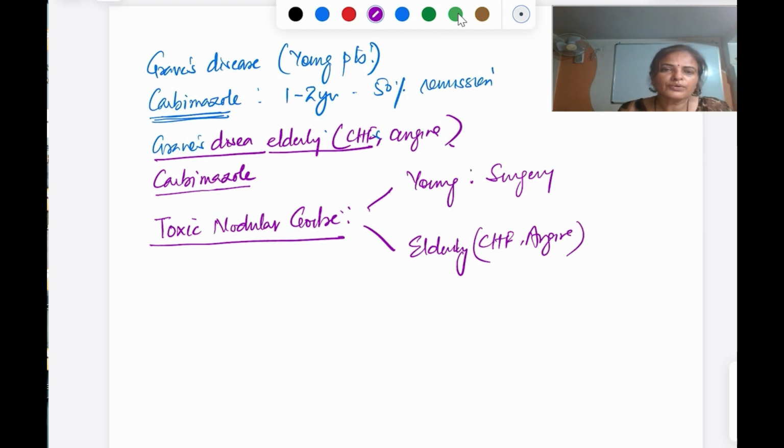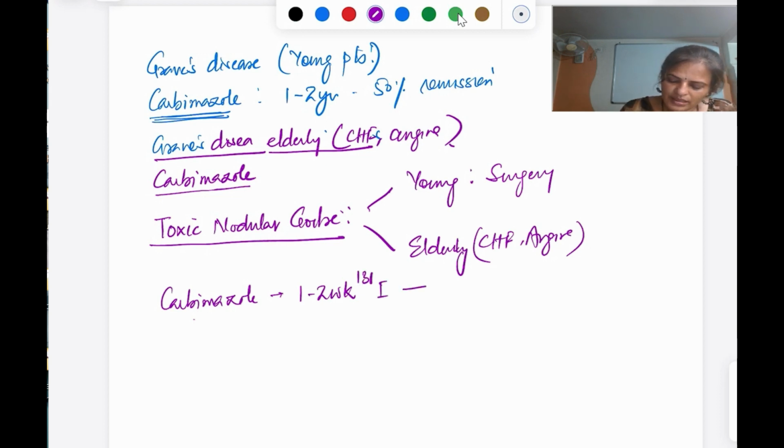So here what we do is give the patient carbimazole to make him euthyroid, then put a gap of 1 to 2 weeks and then give iodine 131.